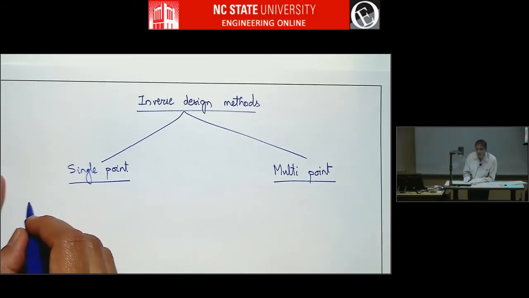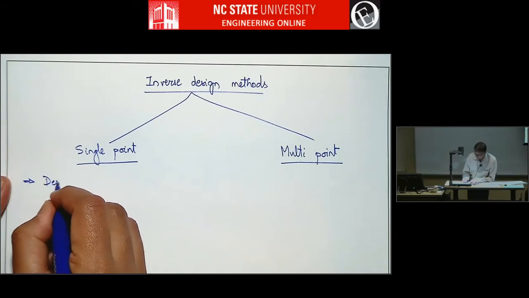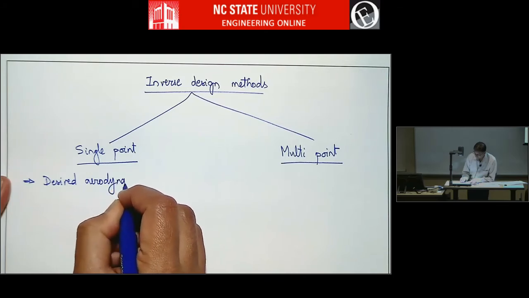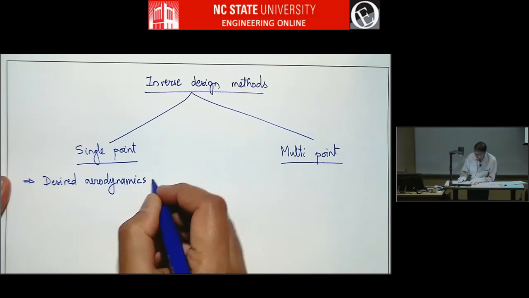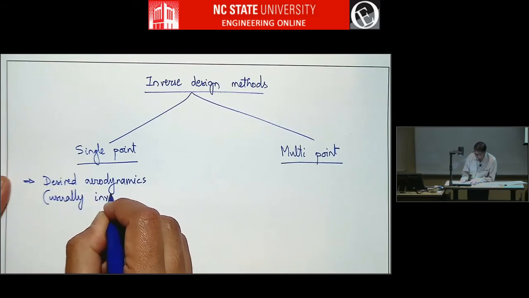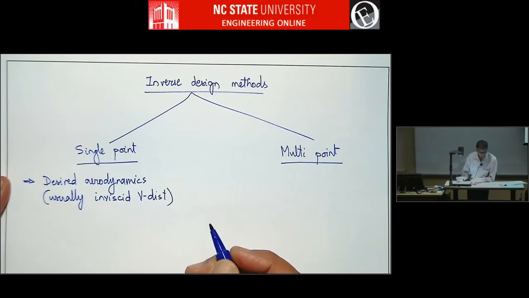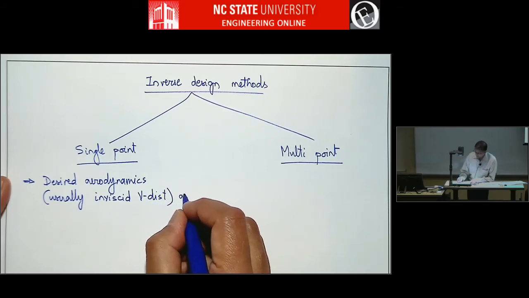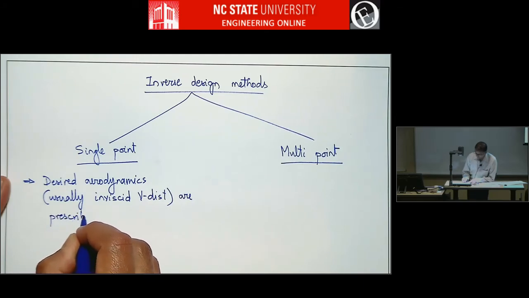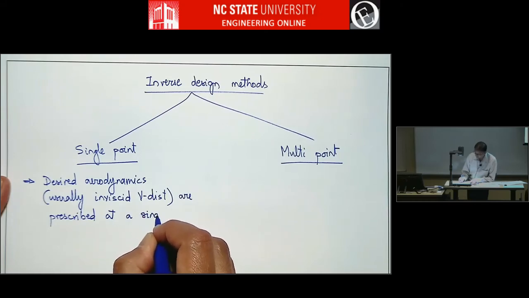The single point method is where the desired aerodynamics, which is usually the inviscid velocity distribution, is prescribed at a single condition.